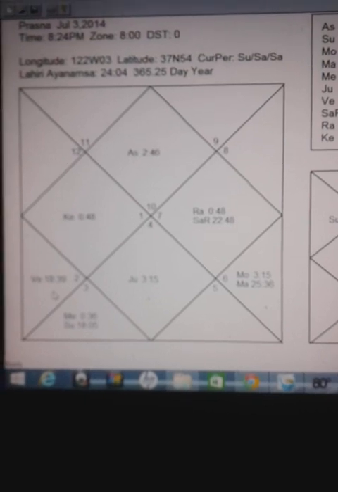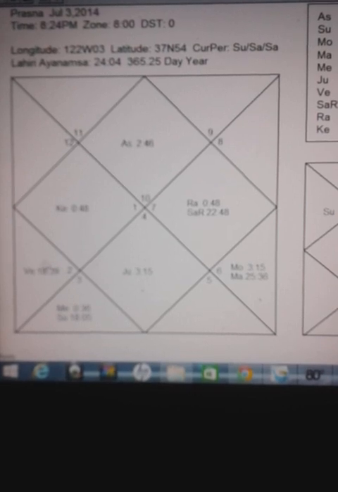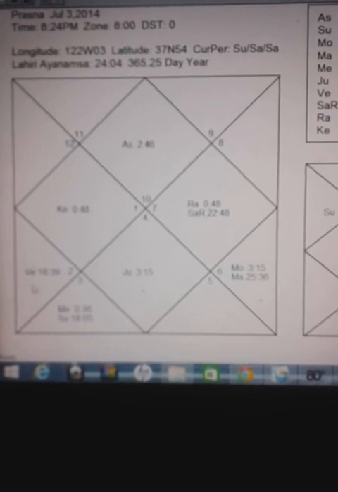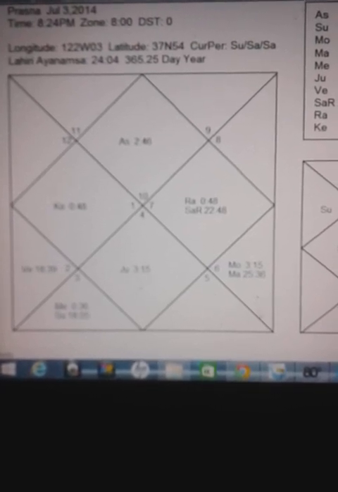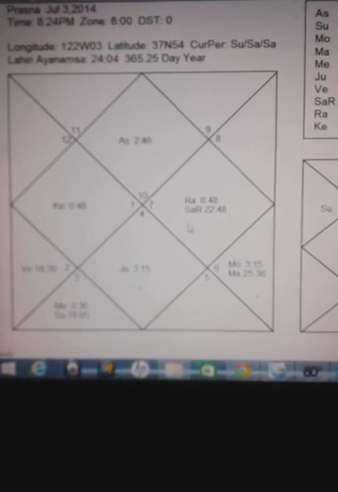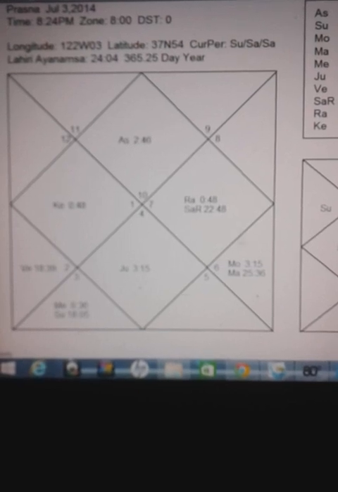So hypothetically, if we were to draw this chart tomorrow, then the position of the planets will change, and their degrees, which are shown here in their respective houses, are also going to change, just because of the fact that the planets are in constant motion.